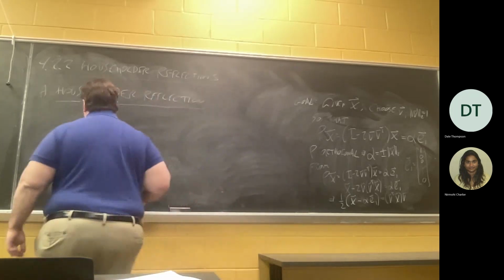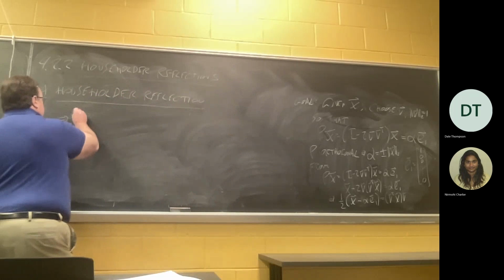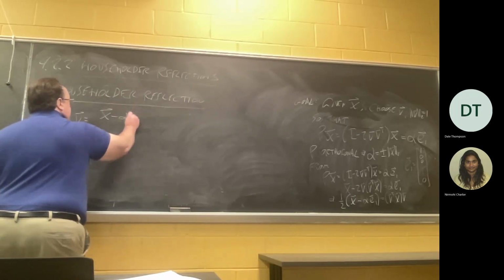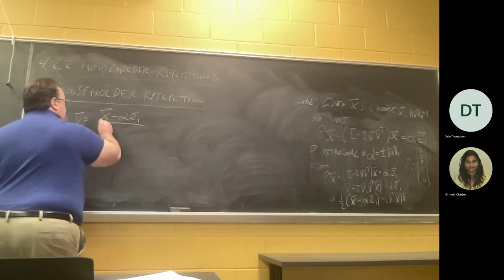The magic vector that makes this happen: V is equal to X minus alpha E1 over its 2 norm.